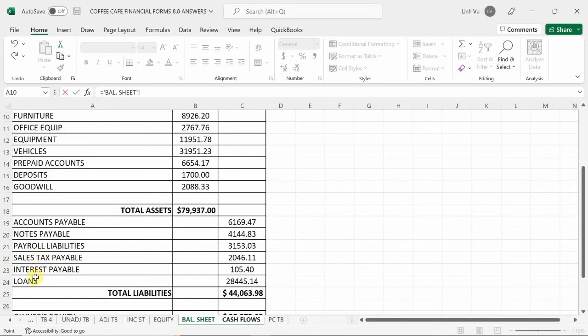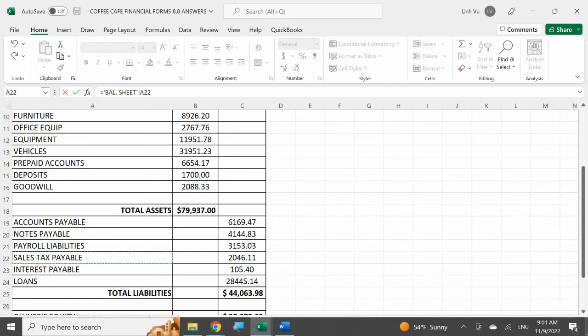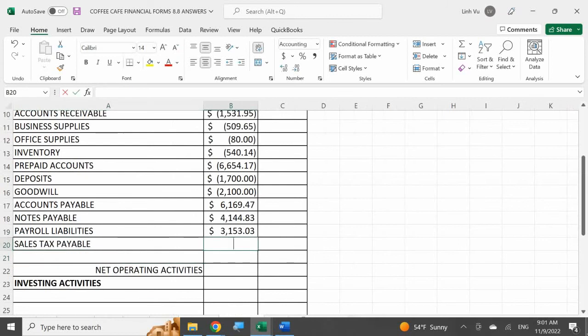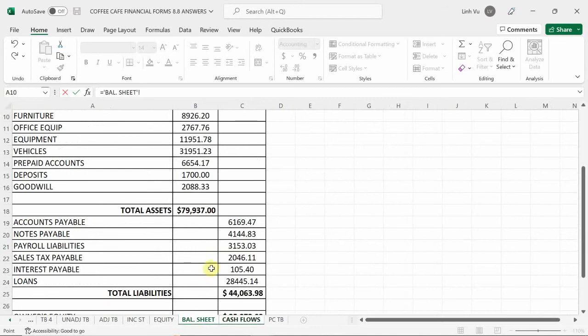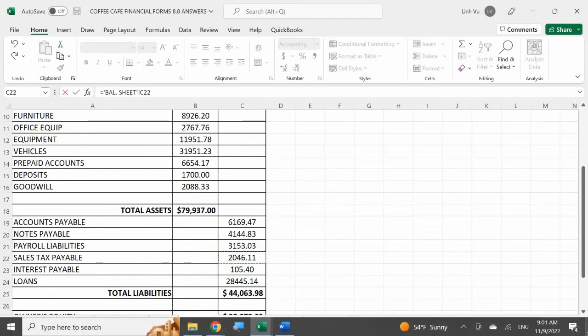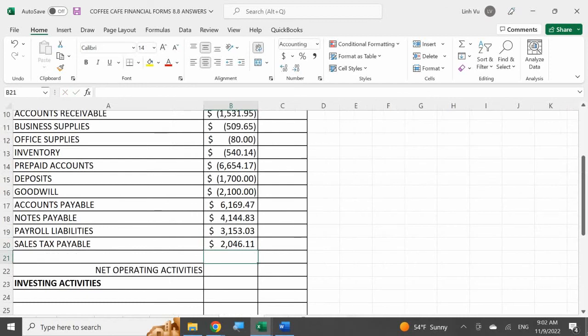I have sales tax payable. Same thing. Have I ever paid the state and local agency their money yet? No. So you still have that $2,046.11. So you need to add that back into your cash flows.